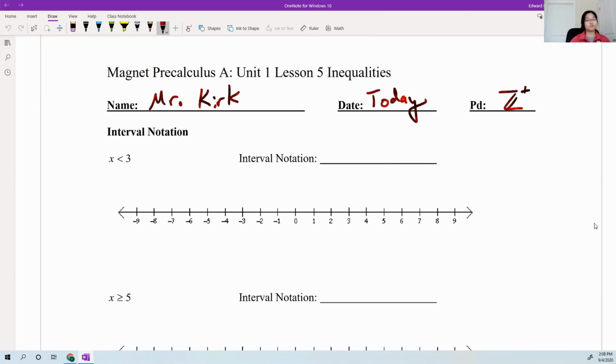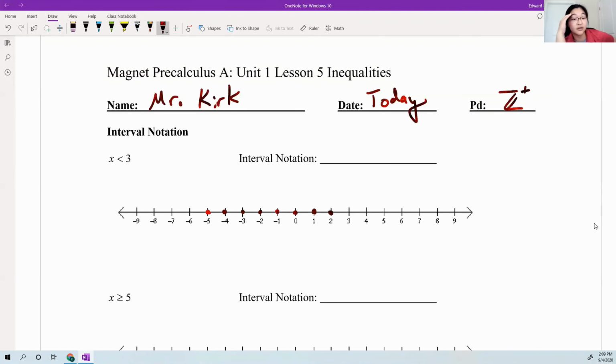So on the number line, where are the answers x is less than 3? Well, it doesn't include 3, so we need an open circle there. And then we need all of the numbers that are less than 3, so that's everything to the left. We got all of the integers here.